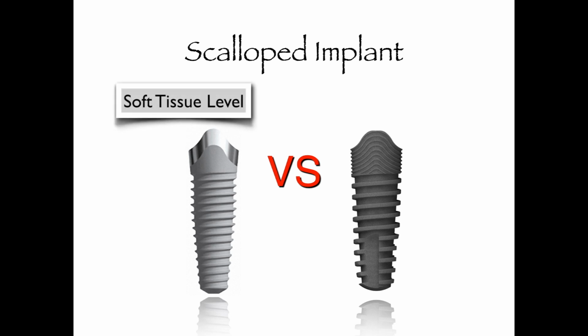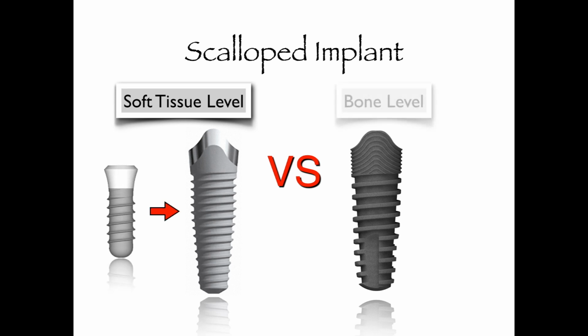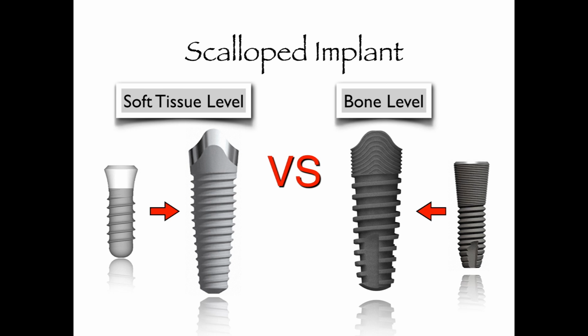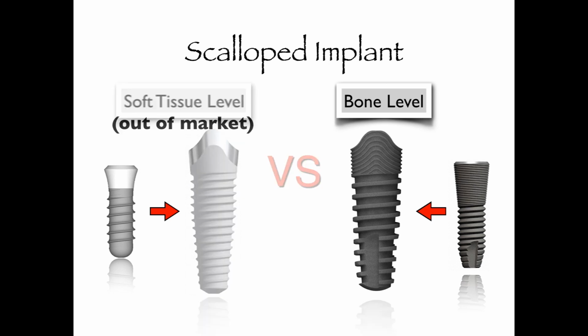Nobel Perfect scalloped implant design is based on a soft tissue level implant, whereas the new generation of scalloped implant that I'm proposing is based on a bone level implant. The first generation soft tissue level based scalloped implant has gone out of the market and is currently no longer available.